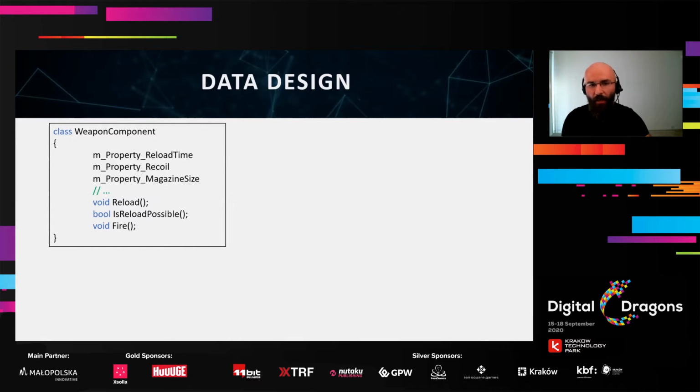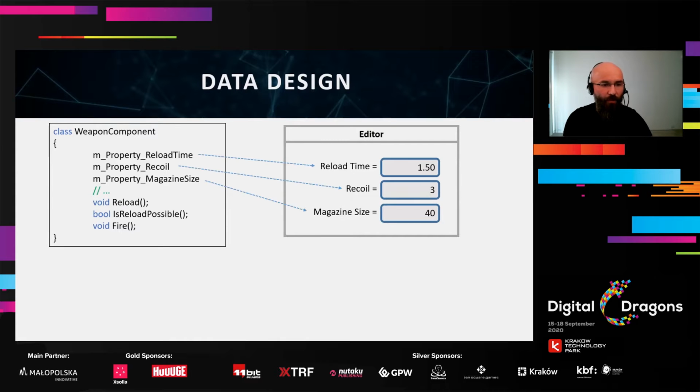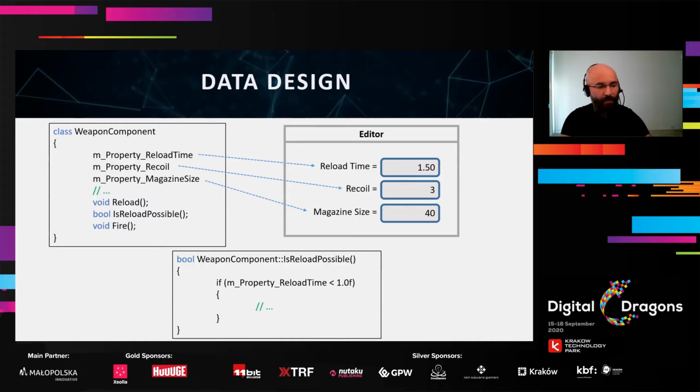So it is like in almost every engine you can find some way to expose these values in the editor, so that designer or programmer can tweak these values very easily. And access to these parameters usually is also very easy in code, just by accessing a variable usually.